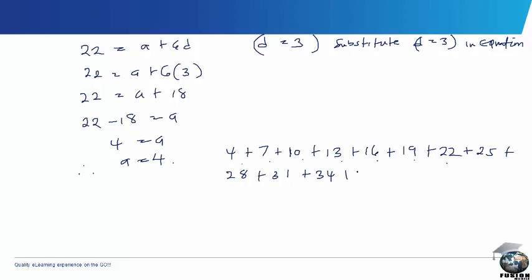And plus 3 again, we have 37. Counting 1 to 12, the 12th term is 37, and the 7th term is 22. This is the sequence we are told to find.